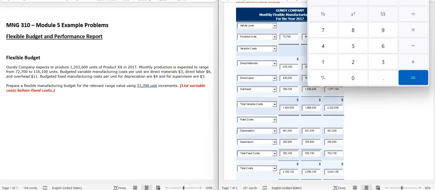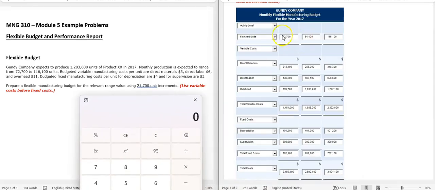To come up with the total budgeted material costs at that range, we're going to multiply the activity, 72,700 units produced, times the variable cost per unit for materials of 3. So 72,700 times 3, we are budgeting materials of 218,100.